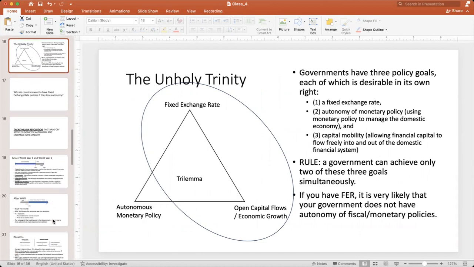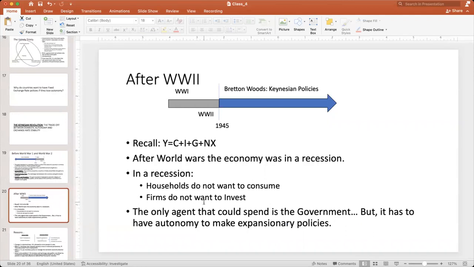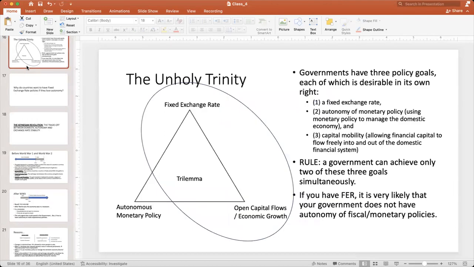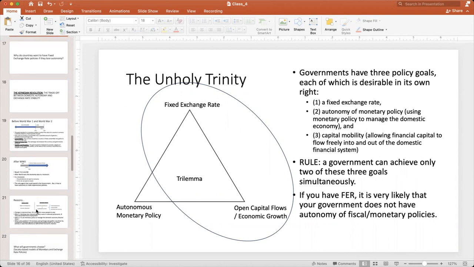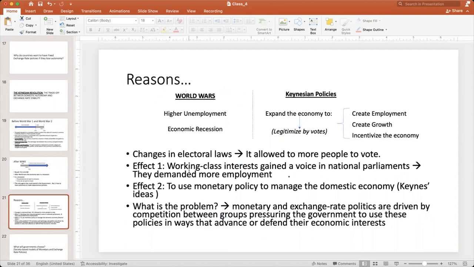But if they want to give the government the possibility to intervene in the economy, to boost the economy, they had to change the gold standard system. So between wars, the global economy faced higher levels of unemployment and economic recession.